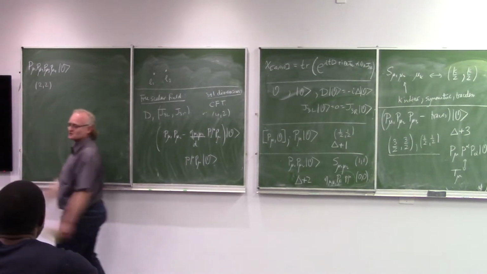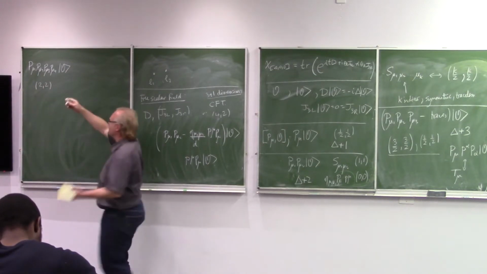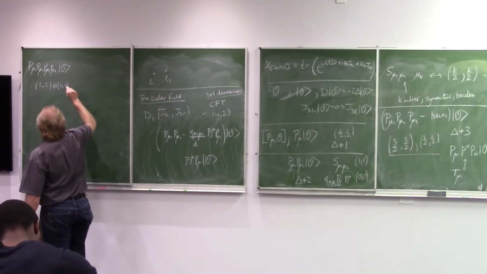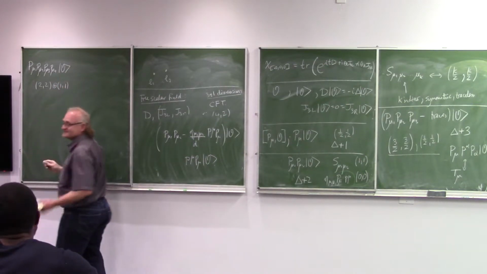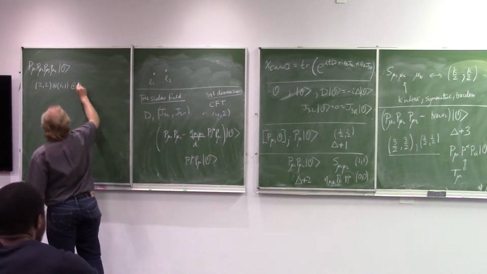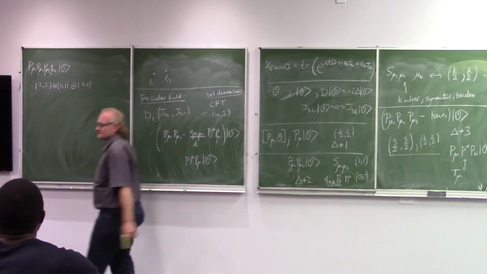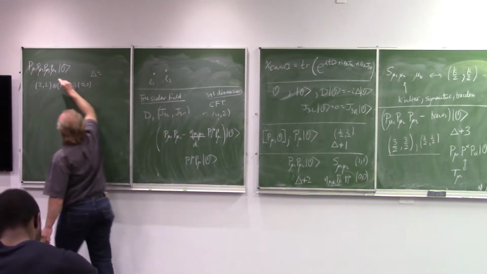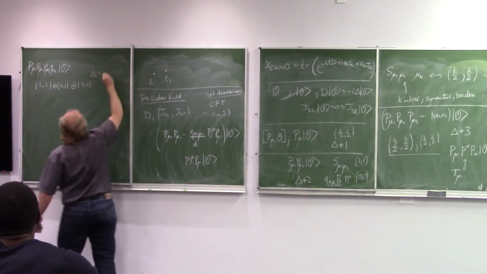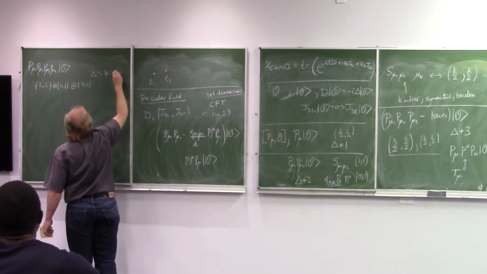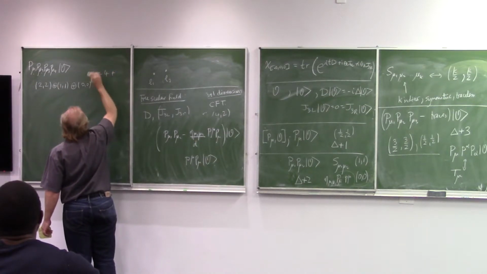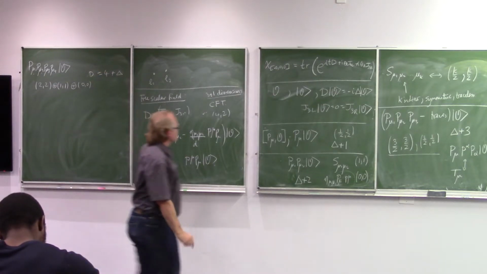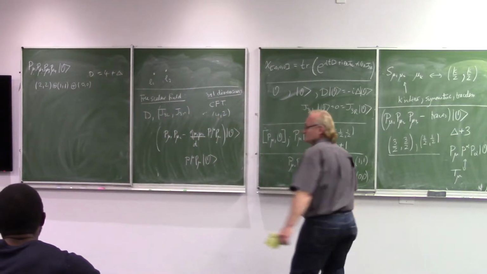Now, what else? 1, 1, great. And 0, 0, fantastic, good. Okay. And all of these have got dimension d is equal to 4 plus delta. Okay. That's the dimension. Good.